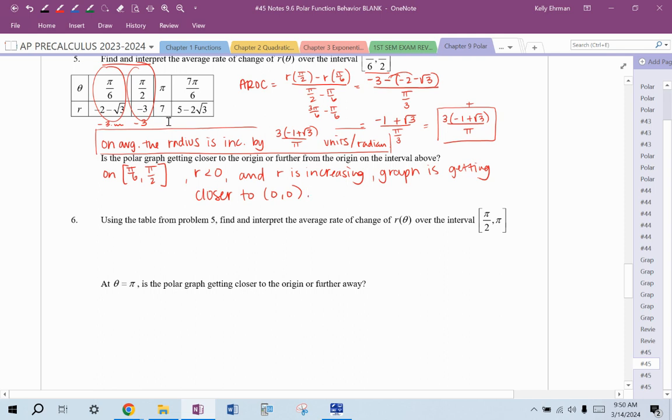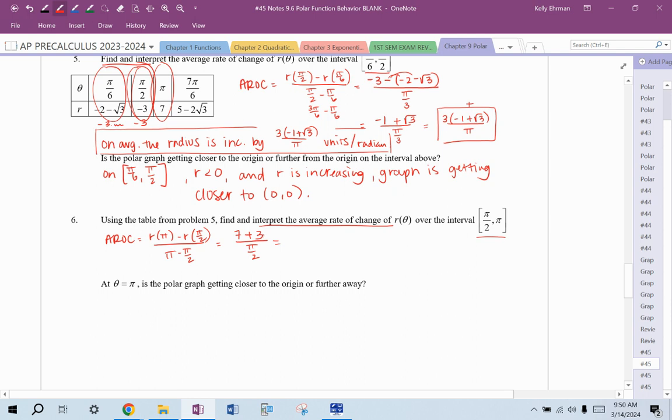Use the table from problem 5 and interpret the average rate of change over this interval, pi over 2 to pi. So again, the average rate of change is equal to r of pi minus r of pi over 2. It's a good idea to always write this formula because it gives you sort of a grounding of what to do. So r of pi is 7 minus negative 3, over pi minus pi over 2, is pi over 2.